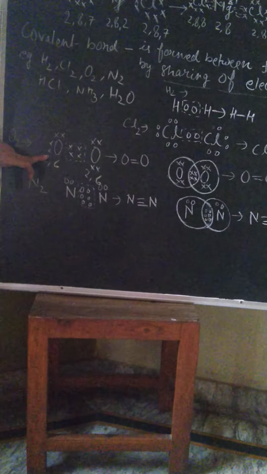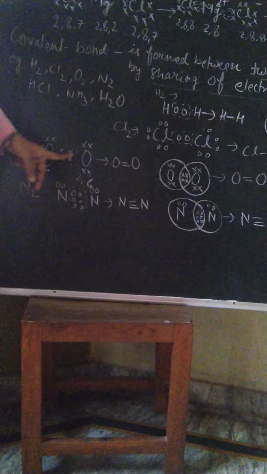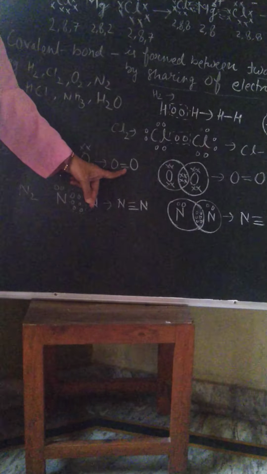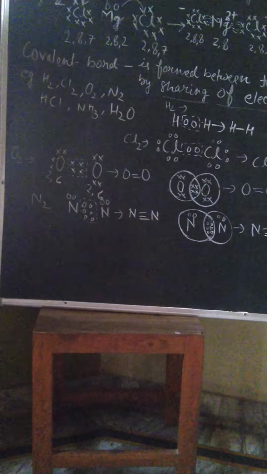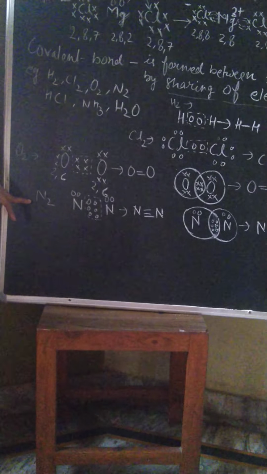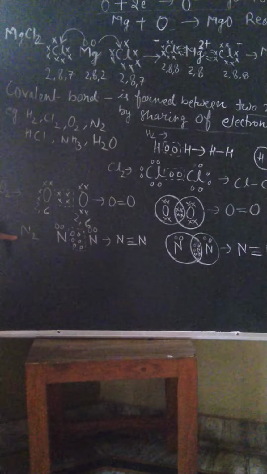So each oxygen will complete its octet by sharing 2 pairs of electrons. Now because 2 pairs of electrons are shared, a double bond is formed between 2 oxygen atoms. O double bond O.